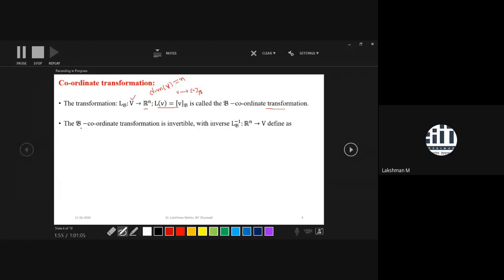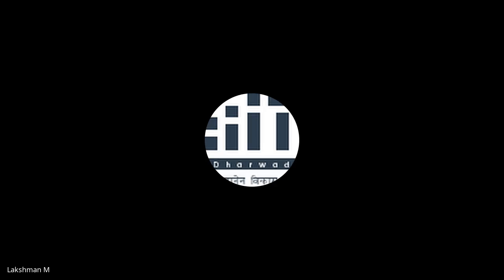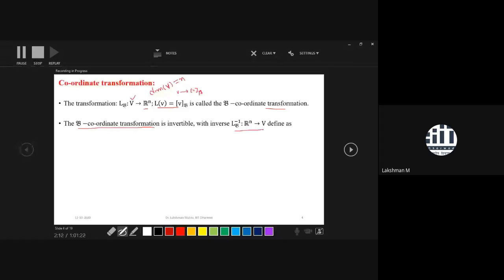I had mentioned that the beta coordinate transformation is invertible. And what is the inverse of the beta coordinate transformation? Beta inverse is defined from Rn to V. That means this transformation says every coordinate vector is mapped to the corresponding vector in the vector space.